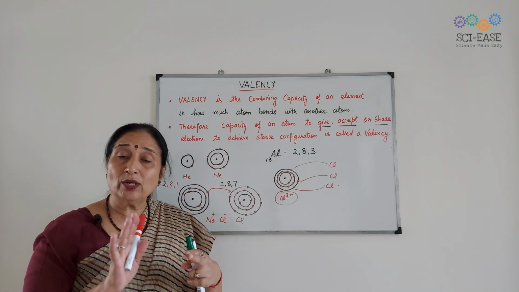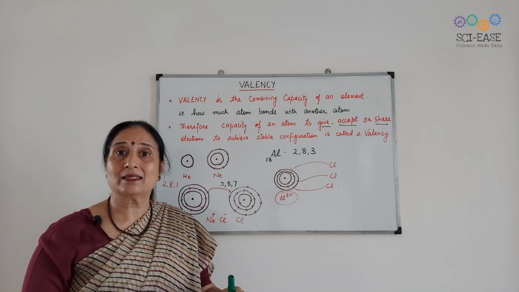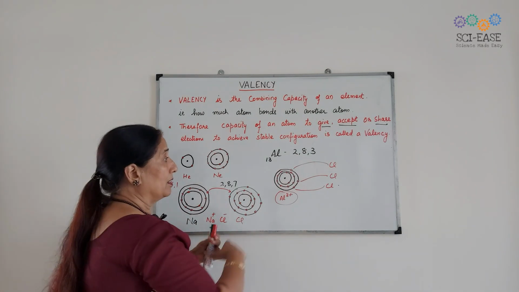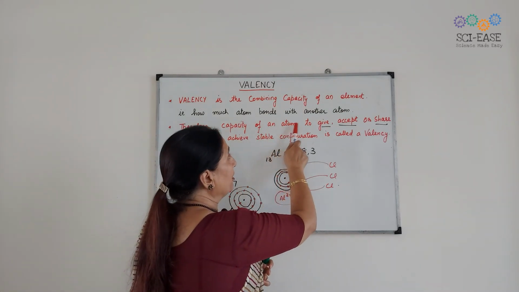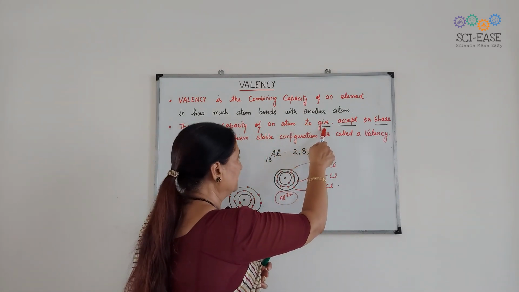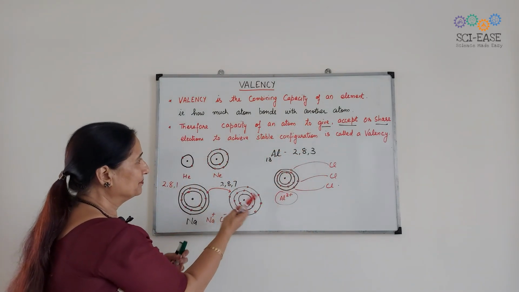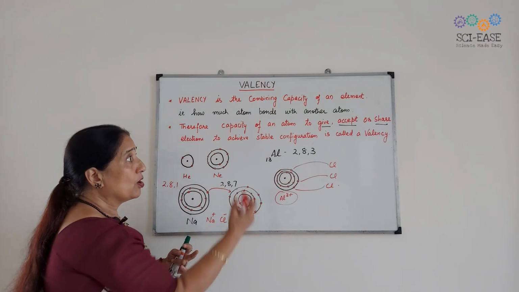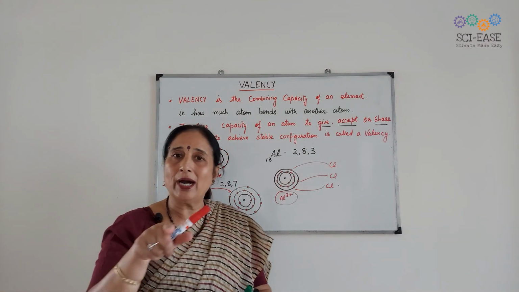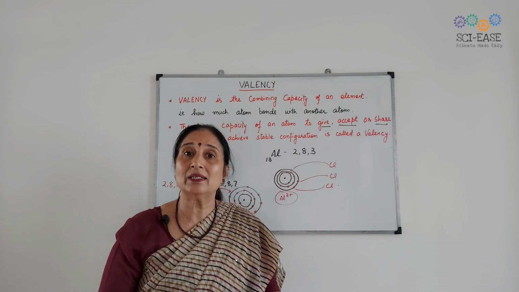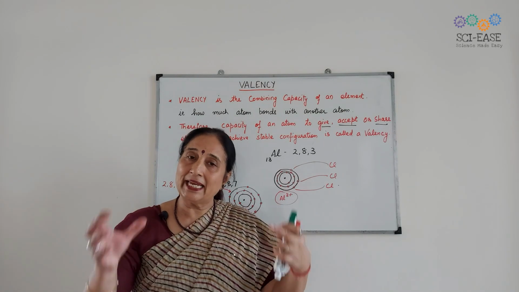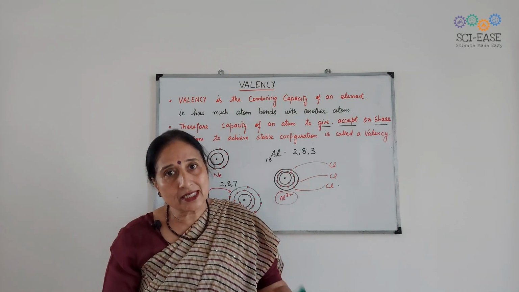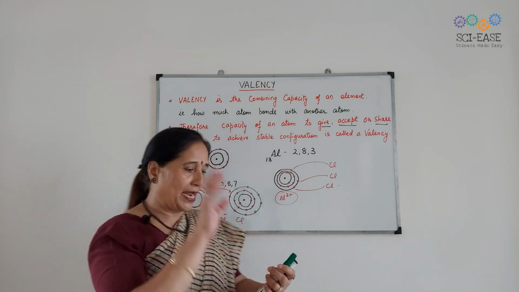Okay, so in all these cases, I have told you the capacity of an atom to give; it will give, this will accept, or share. Now I am taking up the case where the electrons are shared. They can share with the same atom or a different atom.